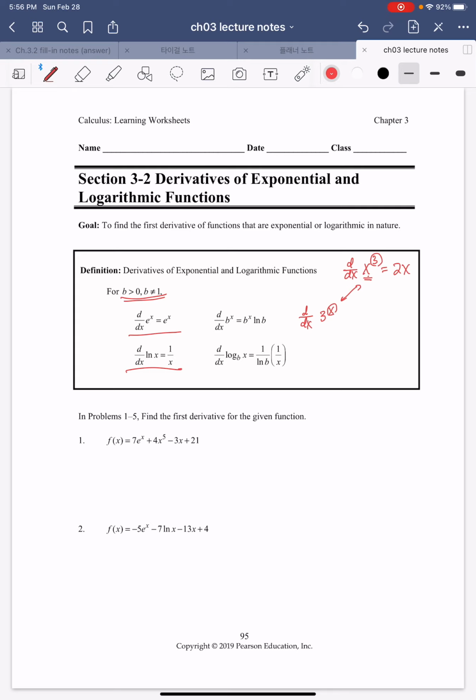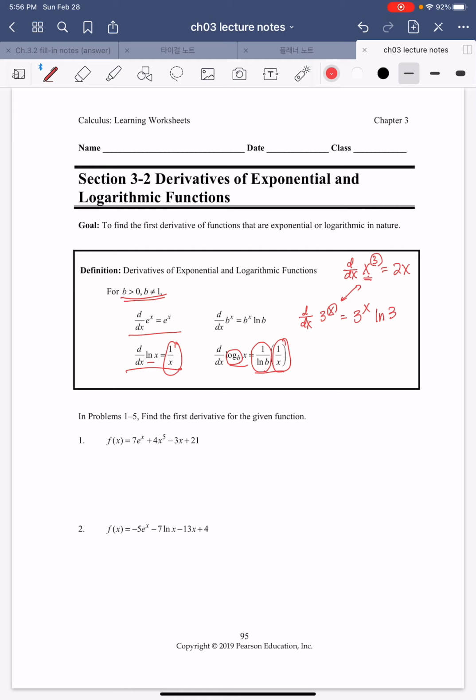When you have 3 raised to the x, the derivative is 3 to the x times ln of 3, in general b to the x times ln b. Same thing, log of x base b, any base b, the derivative is 1 over ln b times 1 over x. So you can kind of see similar, right? You have 1 over x here, 1 over x, but 1 over ln b, because log base b can be any value.